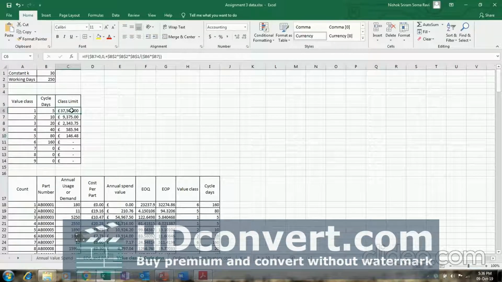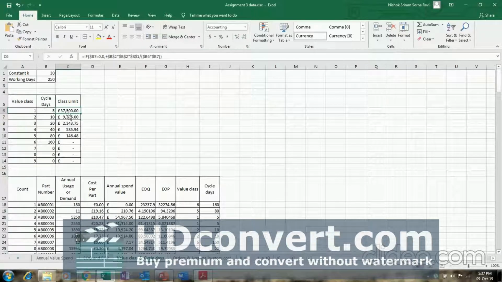So using this formula we find our class limit, meaning that for a product whose annual spend is over 37,500 pounds, it falls under class 1, and the cycle days is minimum. In our case, it is 5.